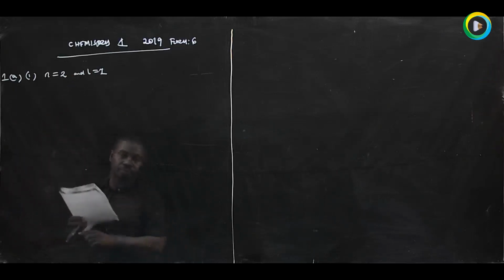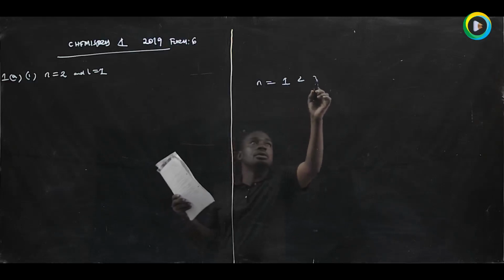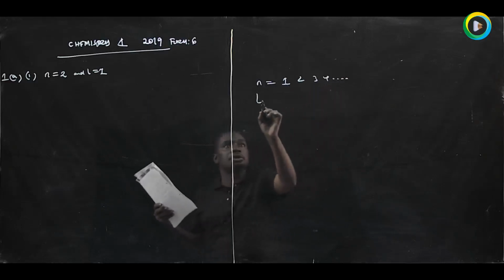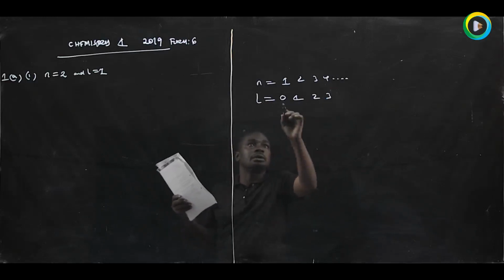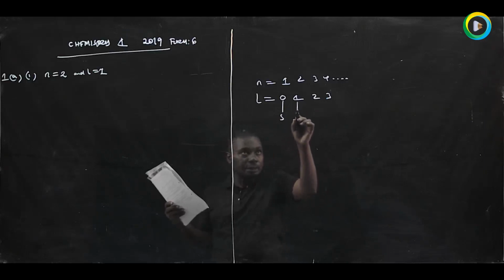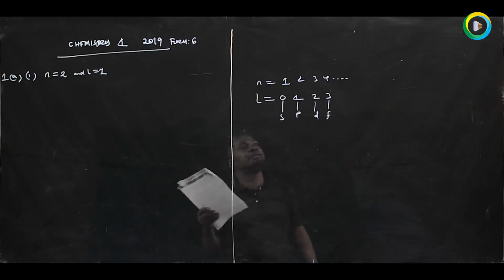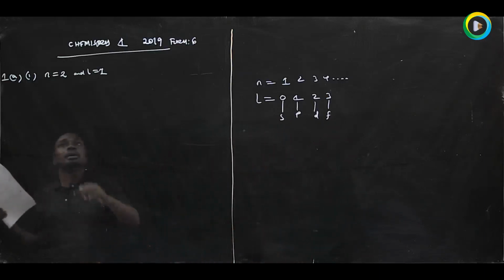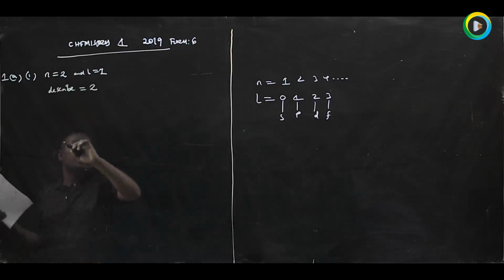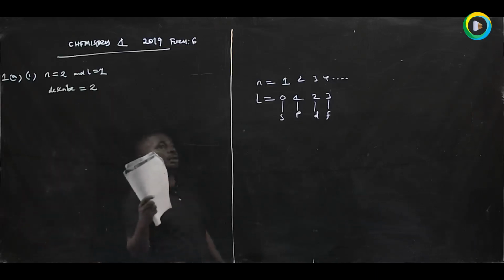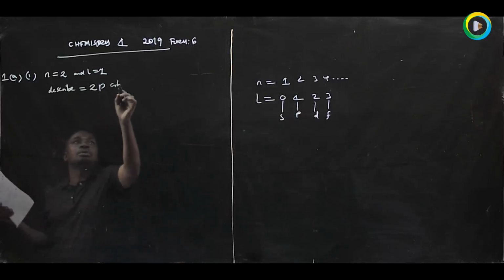There are shell number 1, 2, 3, 4, and so on. Subshells start with 0, 1, 2, 3. 0 is represented by orbital S, 1 by orbital P, then orbital D, and orbital F. So N is equal to 2 and L is equal to 1 describe the P orbital.